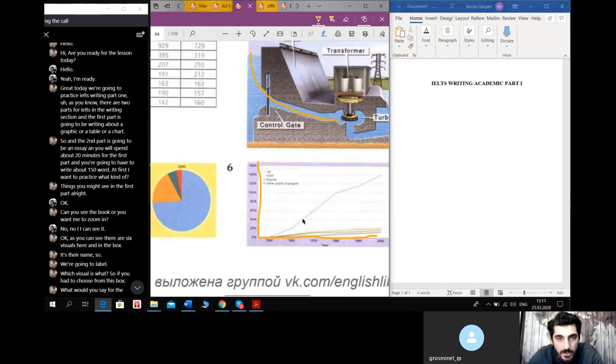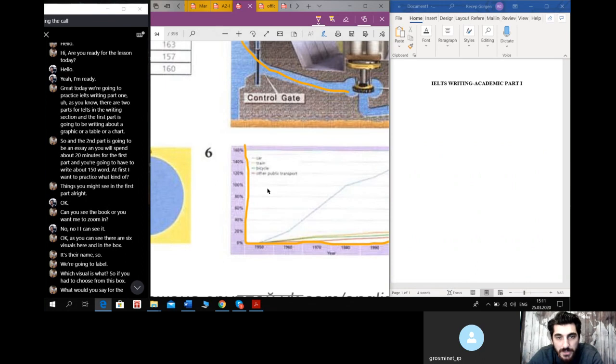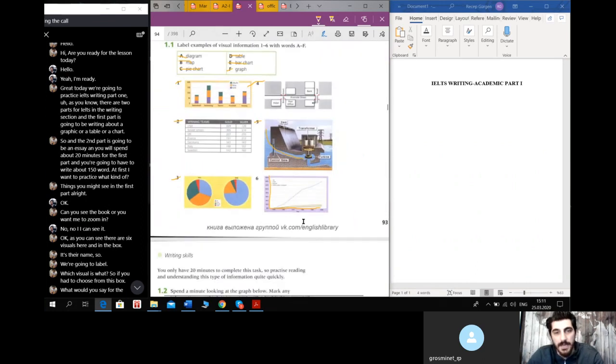So in this case, it's showing information about some bicycles, some trains, and how they're used. We will see in a minute. So in the writing part, the first part, you might see one of these things, but of course you never know which one they're going to ask. But we will be practicing for every scenario.